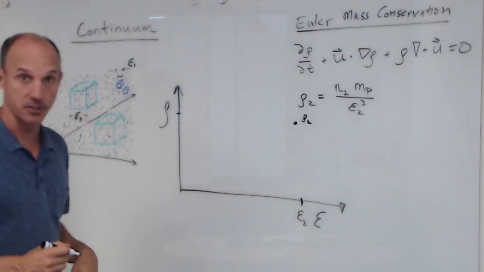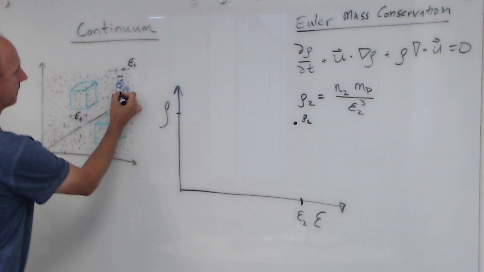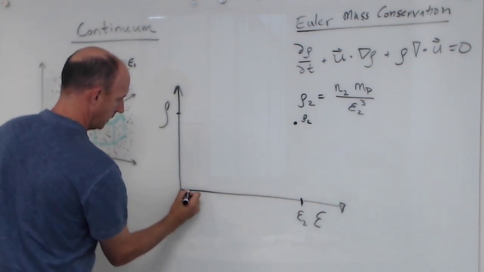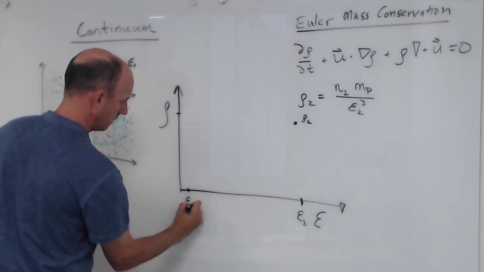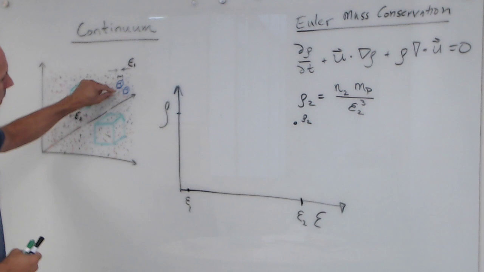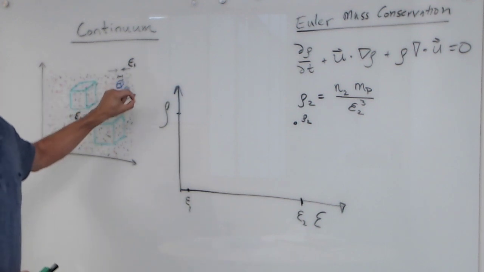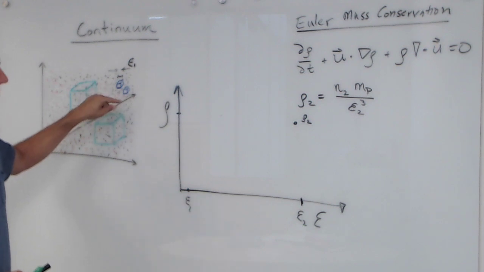Now, what if my box got smaller? Now I've got another box here with a size of epsilon 1. Okay? I'll imagine I'm down here. We'll call that epsilon 1. Well, I've drawn this cube in such a way that I've chosen a spot where actually I don't see any dots inside the box. So that means the density at that location is 0.